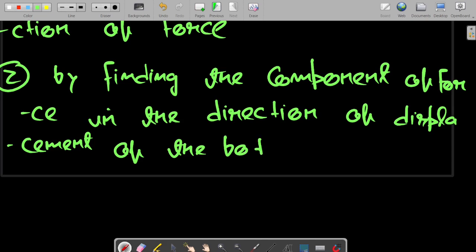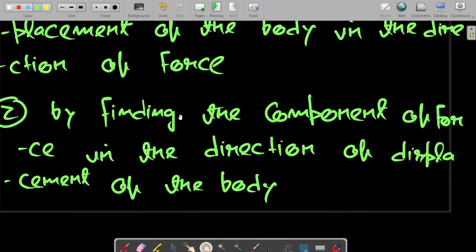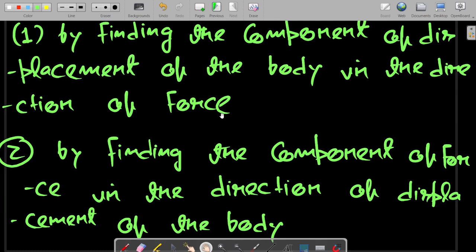There are two cases. First, by finding the component of the displacement of the body in the direction of force. And the second case is by finding the component of force in the direction of displacement of the body. So we will see these two cases in detail.